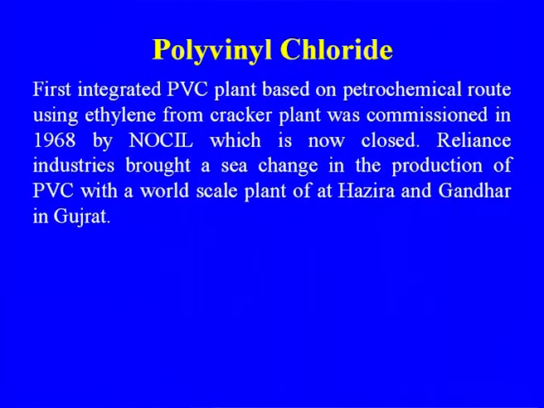Reliance Industries brought a sea change in the production of polyvinyl chloride with a world-scale plant at Hazira and later at Gandhar in Gujarat, because these are the two major complexes making huge amounts of polyvinyl chloride. The Gandhar unit of Reliance, earlier IPCL, also has a caustic chlorine plant, so the requirement of chlorine is met from their own production.